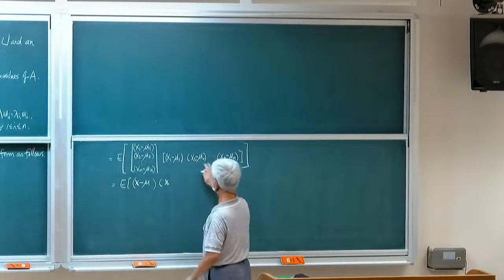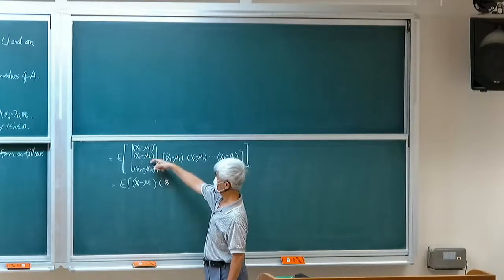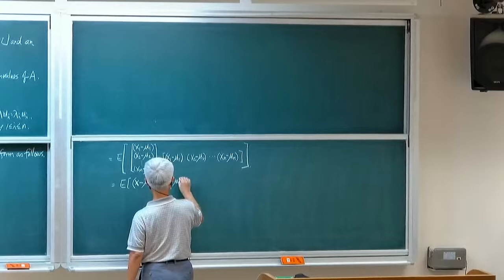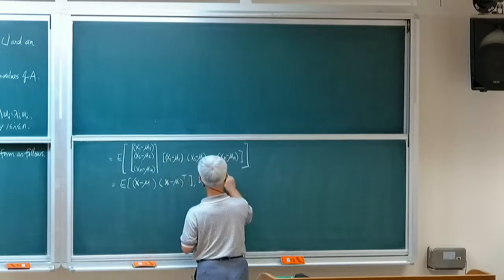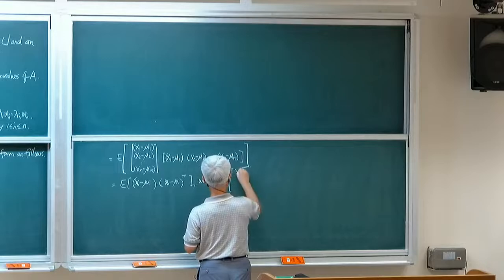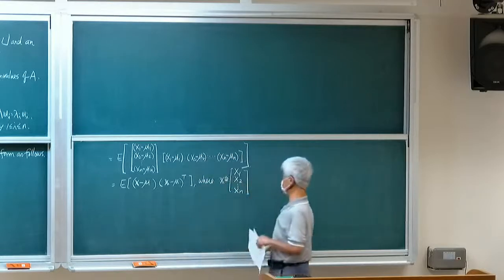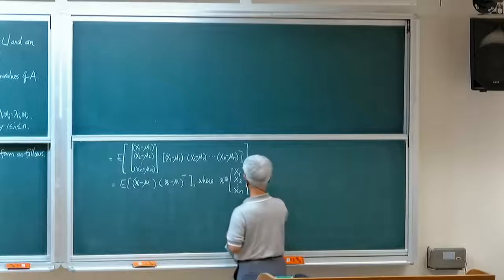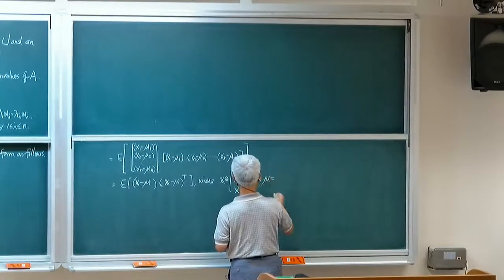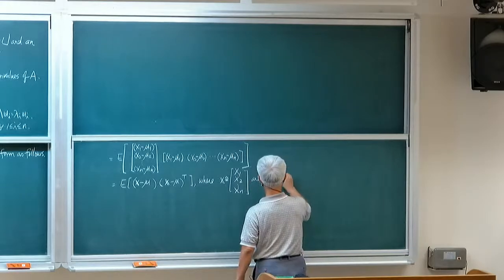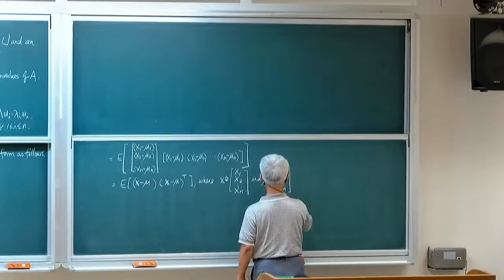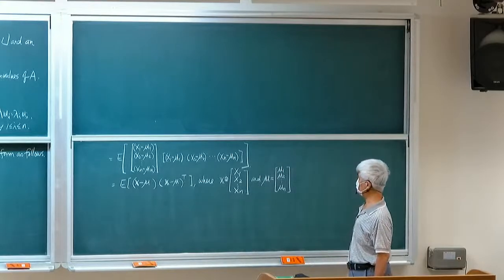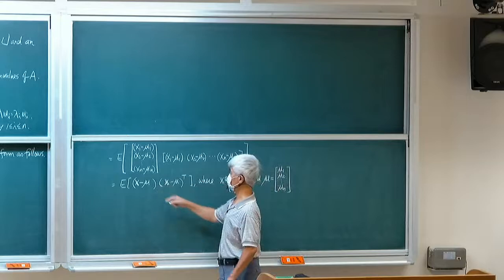So this row vector is just the transpose of this column vector, where x is defined to be the random vector whose components are the random variables x_i's, and mu is a constant vector whose components are the means of the x_i's.